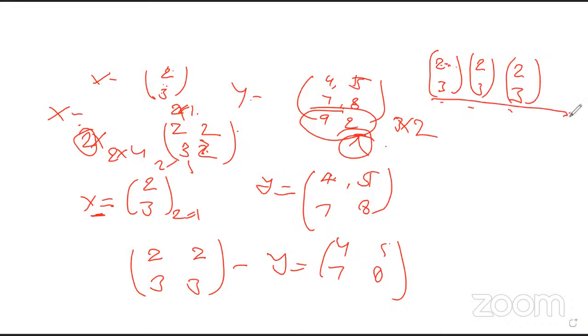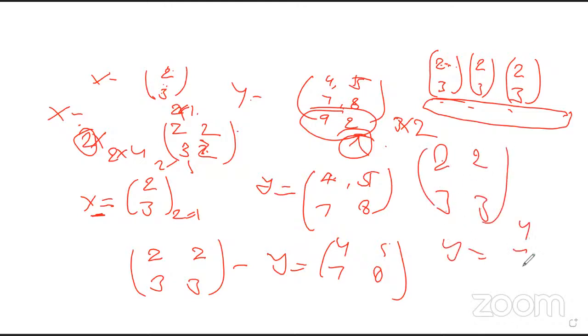It won't make the copy of the row. So it is 2 comma 3, and it will make the copy of this. Now y has the shape 4, 7, 9, 3, 8, 2, whatever that is. So this row will not be added anyhow. That's why the broadcasting will not happen.